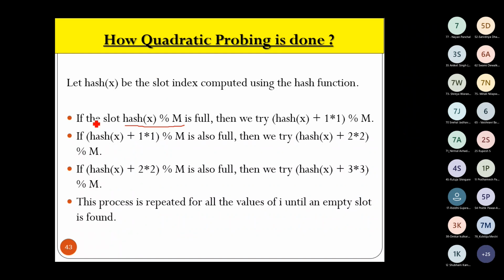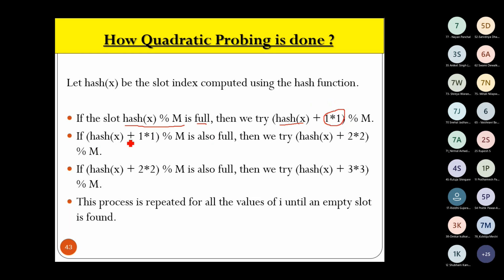If this location is full, that means a collision occurs, then try to check at h of x plus 1 squared. This is an additional location. So we will move ahead by how many places? 1 squared places, mod m.